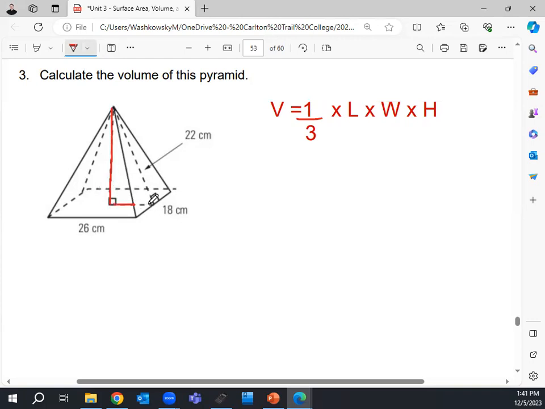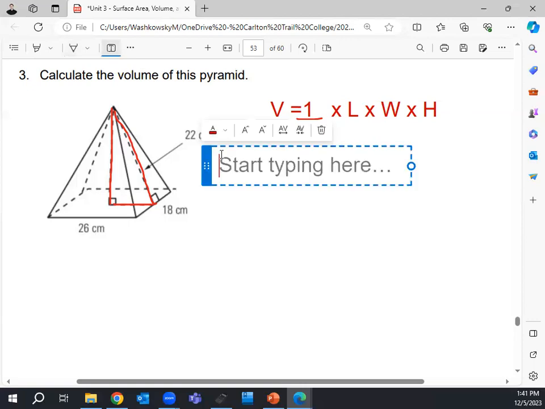Well, if I look here, what I actually have is a right triangle. I have two sides of a triangle. I need to use two sides to find a third side.